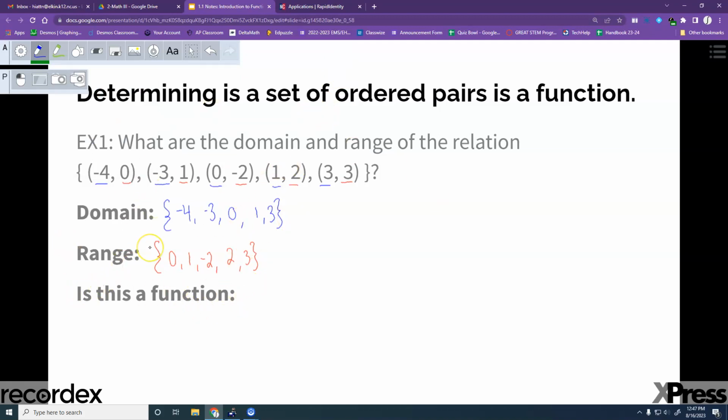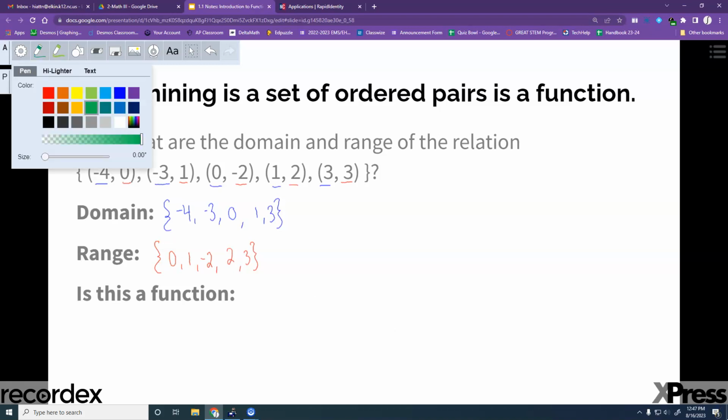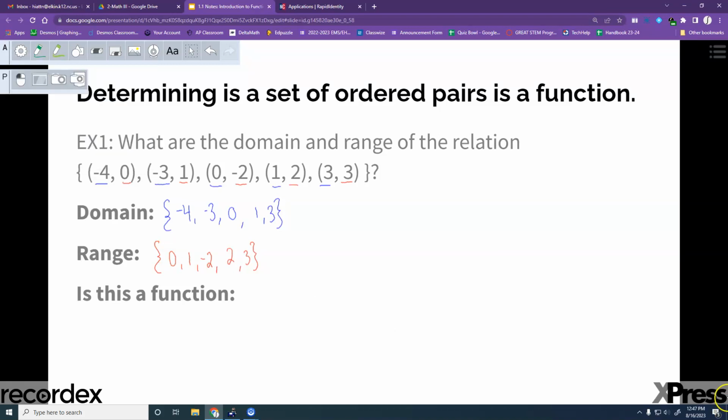We need to know if this is a function. And so whenever you're asking yourself, is this a function, you're going to think here, do the x values repeat?